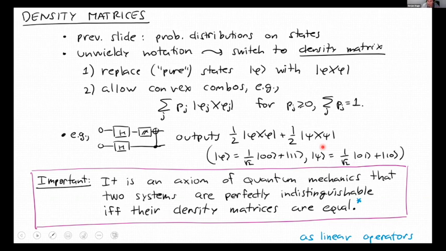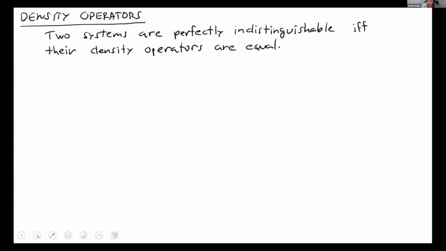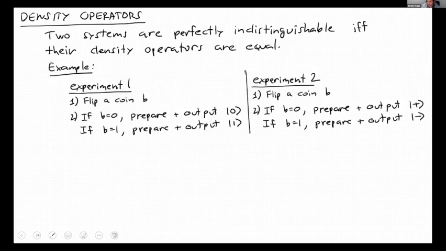And an important reason for cryptographers to work in the density matrix formalism, right? Because we often care about whether two systems are indistinguishable or not. And at least in the case of perfect indistinguishability, just computing their density operators tells us this. So let me do a really simple example that shows this off.